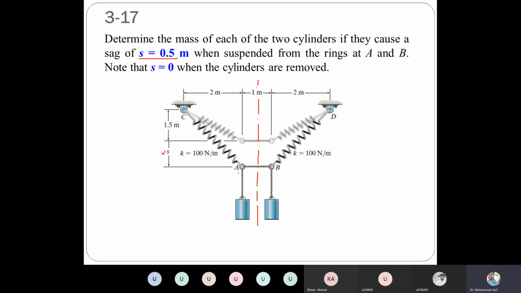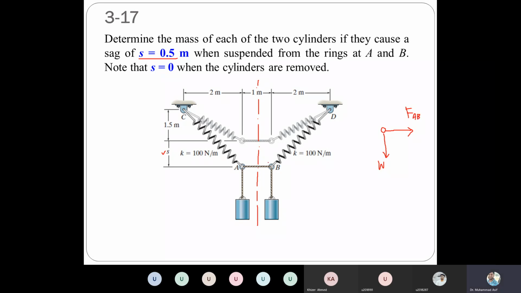Since we need to calculate the cylinder weight or mass, we have to focus on ring A. The free body diagram of ring A: one of the forces will be the weight of the cylinder. Then one force will be FAB.